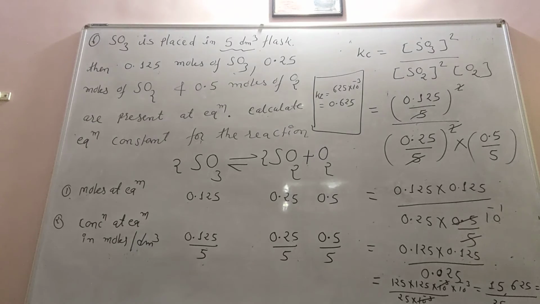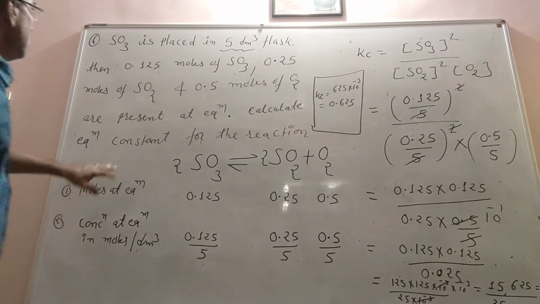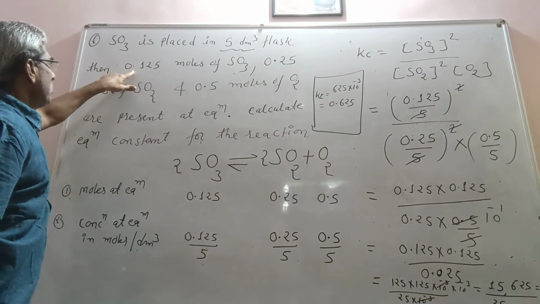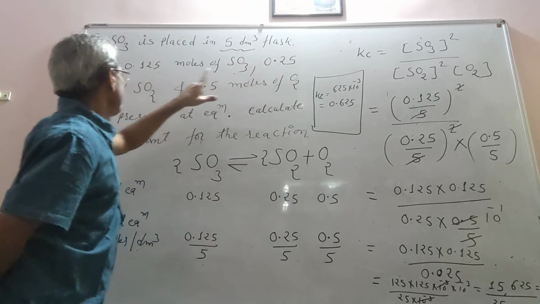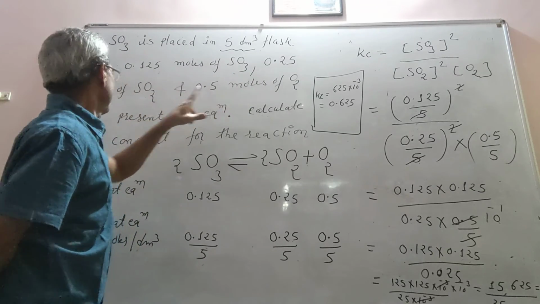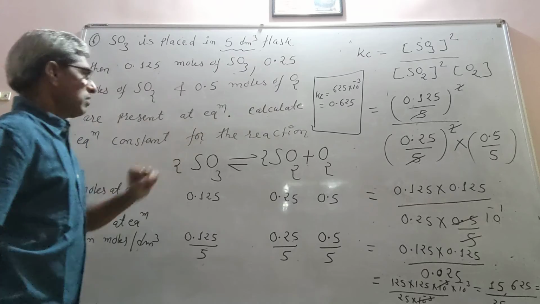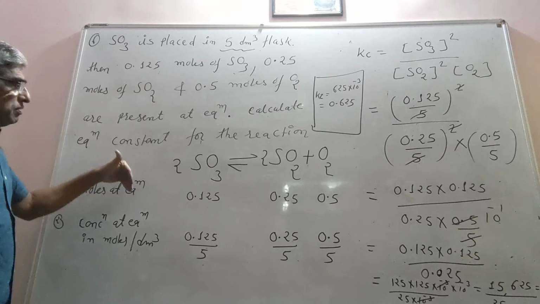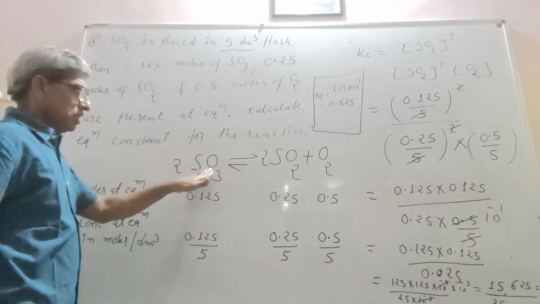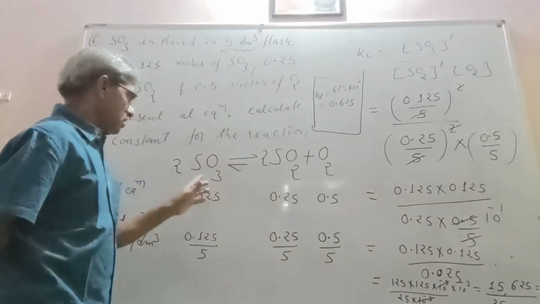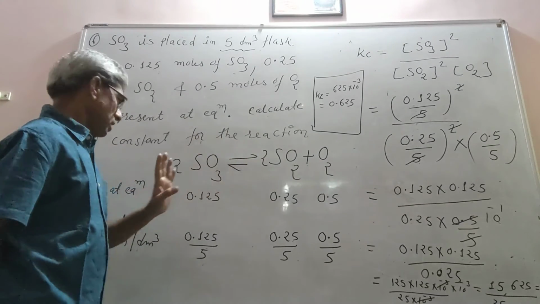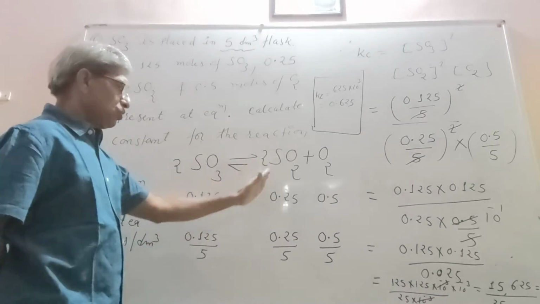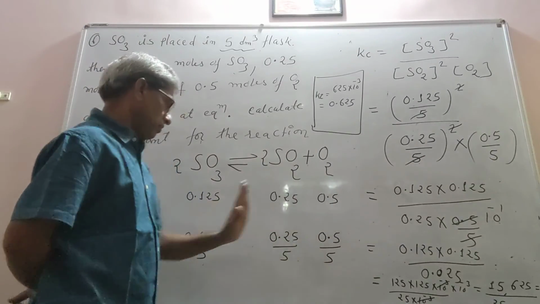I will repeat the same in short. SO3 is placed in a 5 dm cube flask. Then 0.125 moles of SO3, 0.25 moles of SO2, 0.5 moles of O2 are present at equilibrium. Then our aim is to calculate the equilibrium constant. SO3 is placed in a 5 dm cube flask, means the reactant is SO3 to form SO2 and O2. To balance, we write 2, 2. Then moles at equilibrium are given. SO3 0.125, SO2 0.25, O2 0.5.